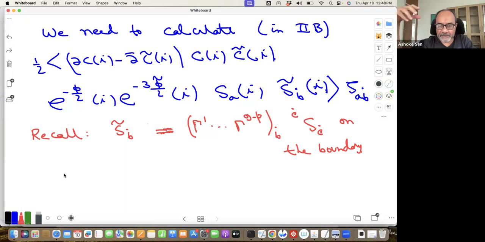But you have already written the vertex operator. I have written the vertex operator, but now I'm writing the boundary condition on the spin field. At the end, you will get the correct combination of the chiral vertex operator. Here, for example, let's look at this. This is a type 2 vertex operator. So in type 2B, we have to find out what boundary condition is there on S tilde B dot.